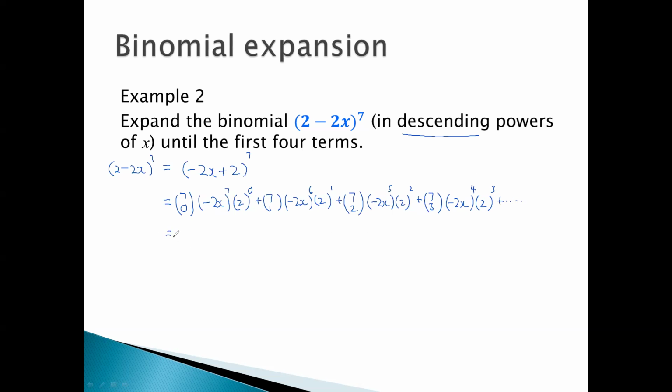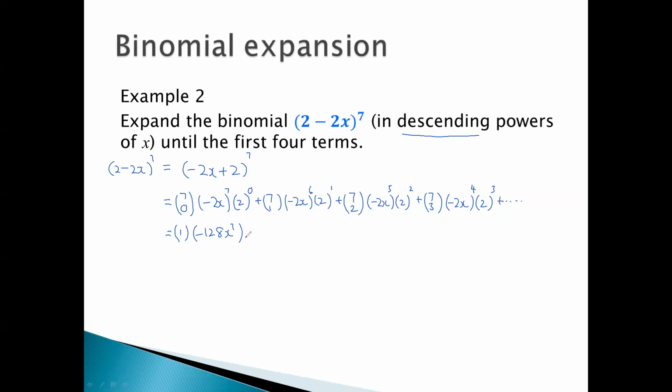So 7 choose 0 is 1. I can start doing this out. Negative 2 to the power 7 is negative 128x to the power 7. And this 2 to the power 0 is actually 1, right?